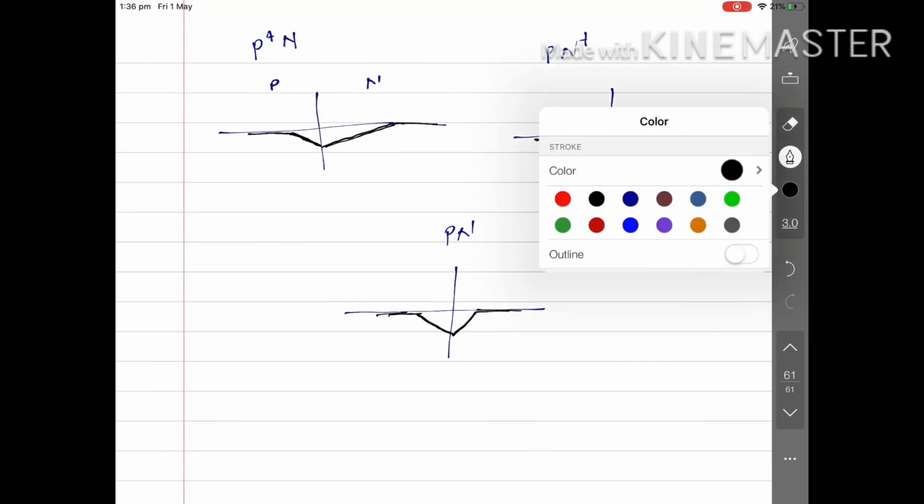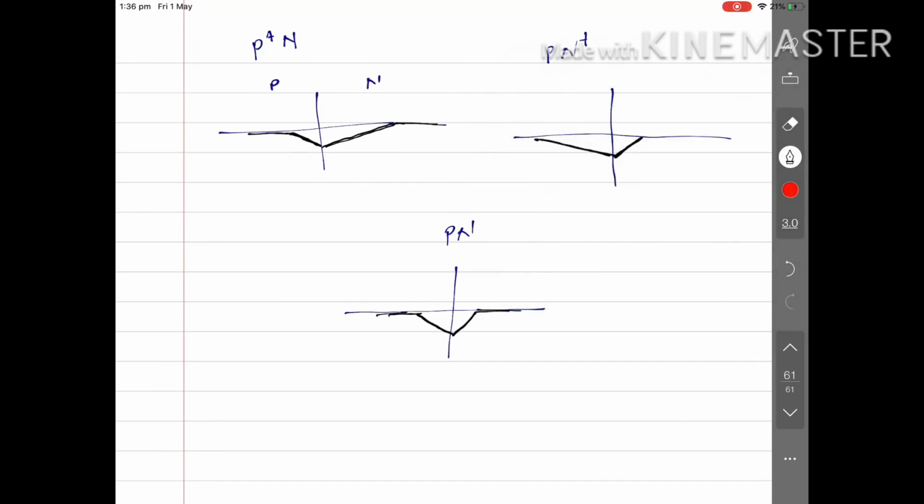So here you could see that whether it is p plus n, pn plus or pn, only the depletion width changes, towards the less doped region. And if there is no difference in the doping, the width of p and n would be the same, as you can see in the p-n junction.